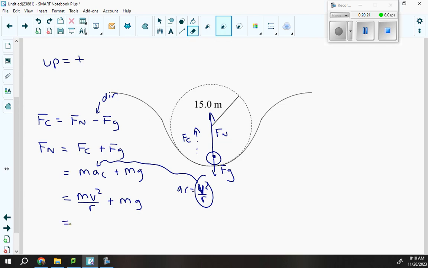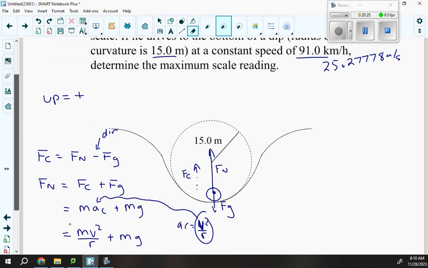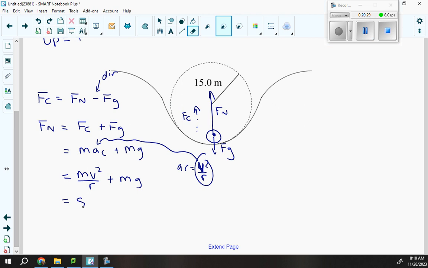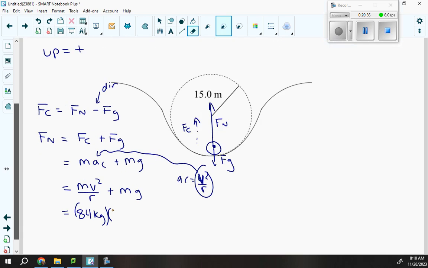So again, we plug in the numbers. We should figure out pretty straightforwardly what the normal force is. So it's an 84 kilogram person times the speed, which we figured out was 25.27 meters per second. We want to remember to square that, divided by the radius of curvature, which was 15 meters.